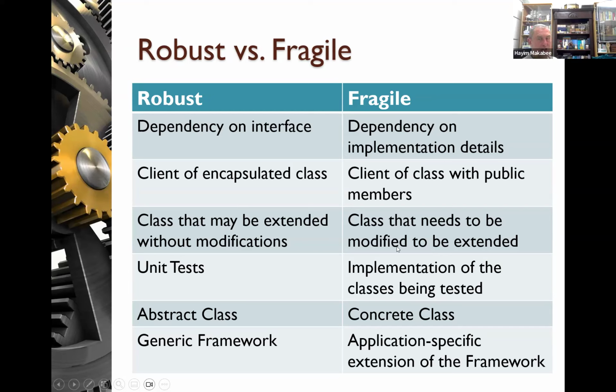If I have a class that needs to be modified, this is bad, this is fragile. Unit tests are robust. Implementation of the classes being tested are fragile. An abstract class is robust. A concrete class is fragile. A generic framework is robust. Application-specific extensions of this framework are fragile. So here you have a summary of all the examples that I showed you before.